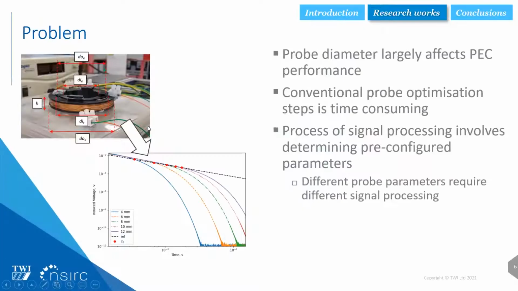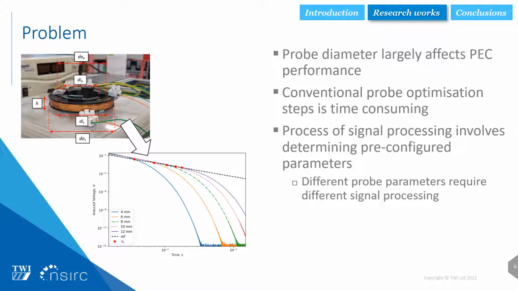The problem that we are trying to solve here is that probe diameter largely affects PEC performance. So whenever we want to optimize PEC performance, we try to optimize the probe parameters. But the conventional way of optimizing these probe parameters is very time consuming, in such a way that the signal acquired from the probe will be processed by a certain signal processing process, and this process involves determining pre-configured parameters.